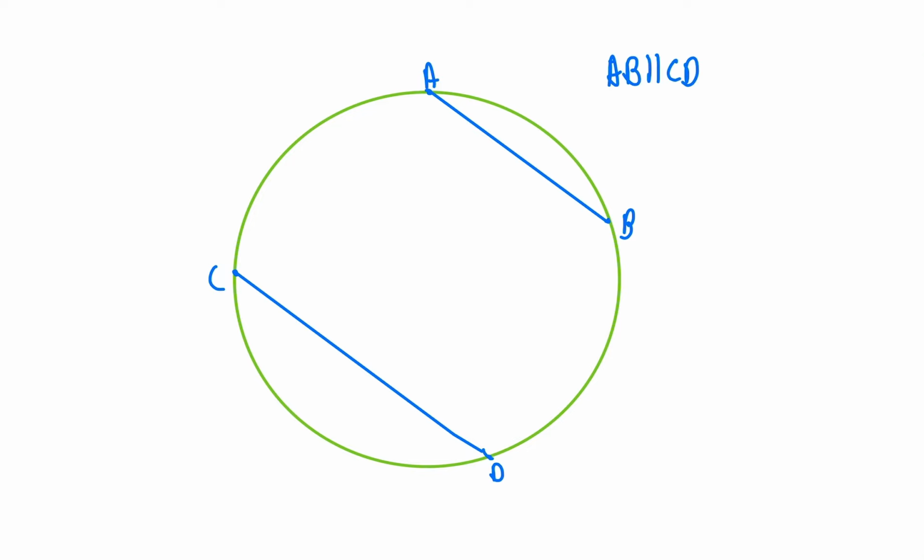So we have this unit circle again, and then we have these two lines. And this diagram is not exactly good, but it's fine. So how do we tell if AB is parallel to CD if they're all on the unit circle? The theorem says that this is true if and only if AB is equal to CD, or AB minus CD equals 0.